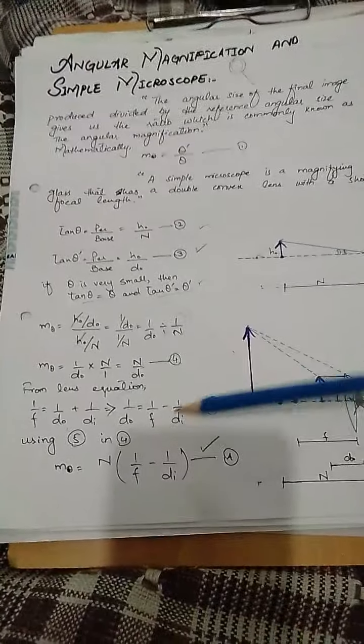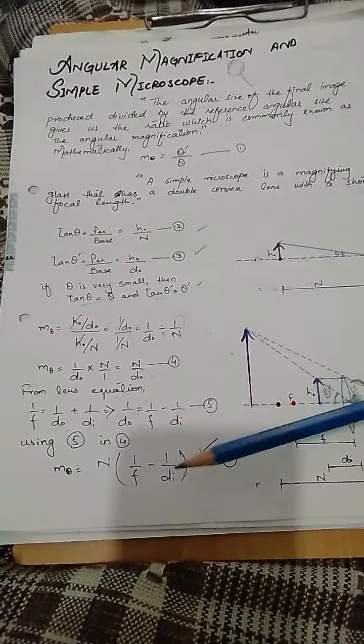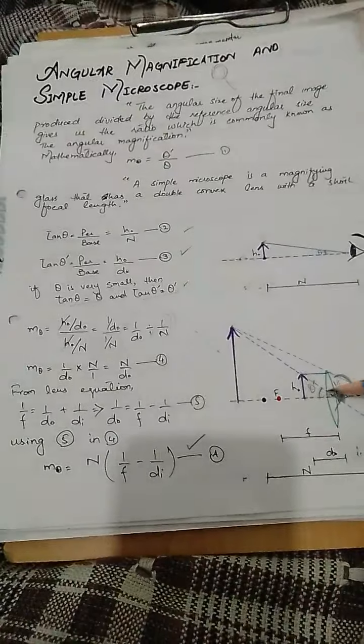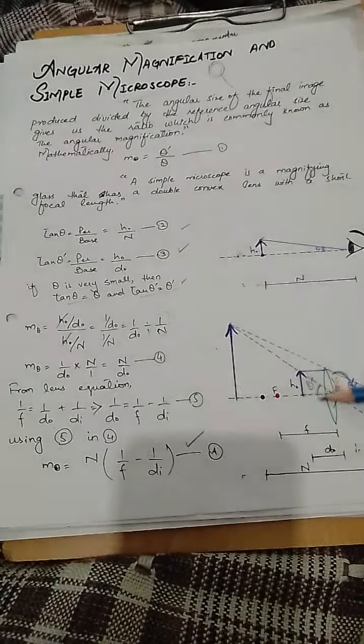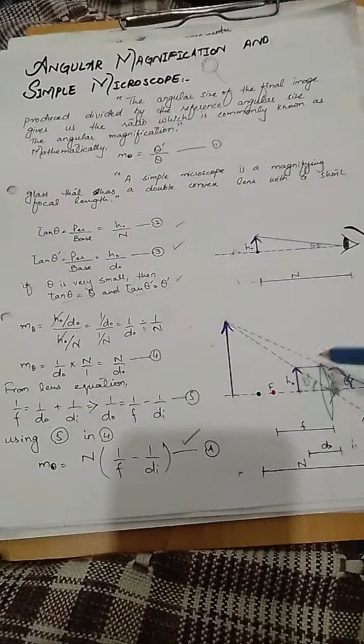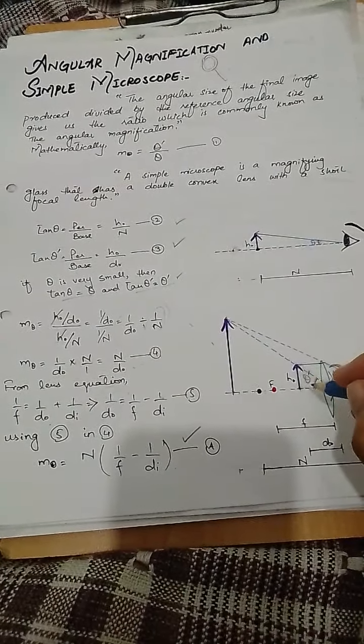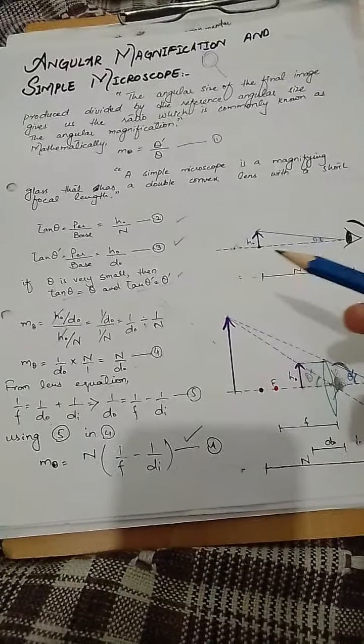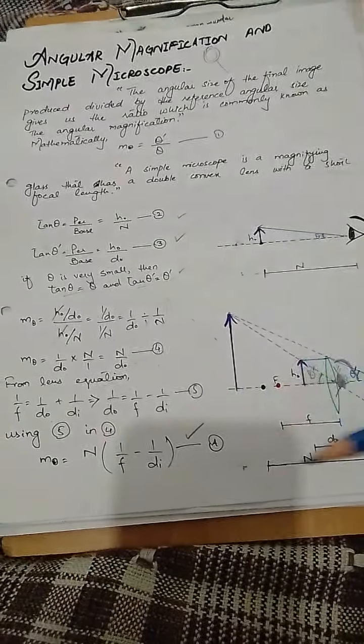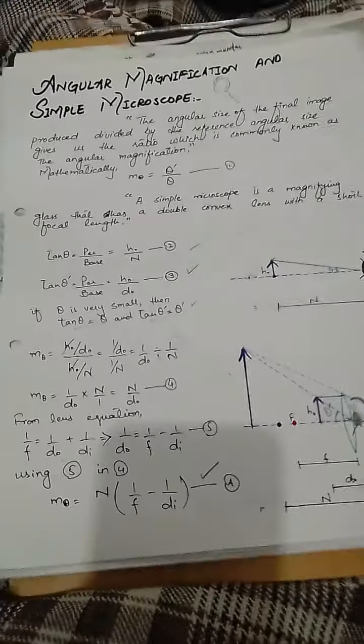Right, this is the formula that we use to get the amount of angle, okay, the ratio of the magnified angle to the reference angle, which gives us the ratio of magnification. But we are not done yet.